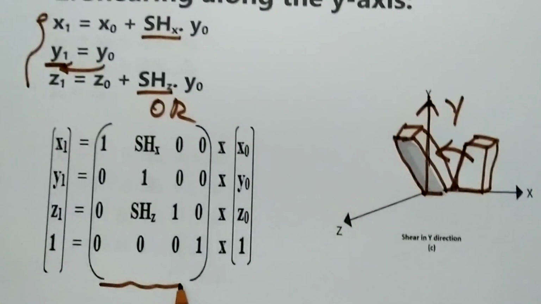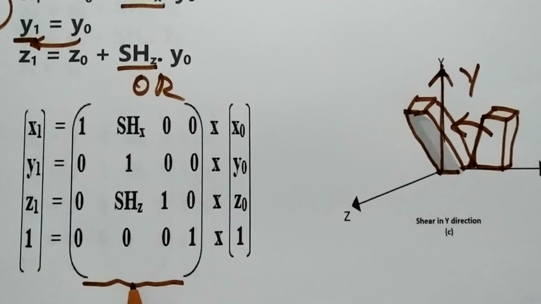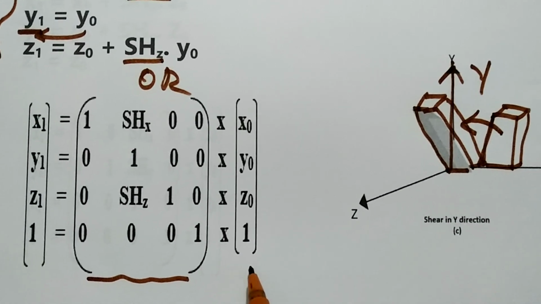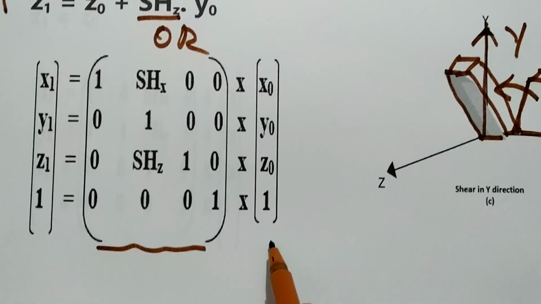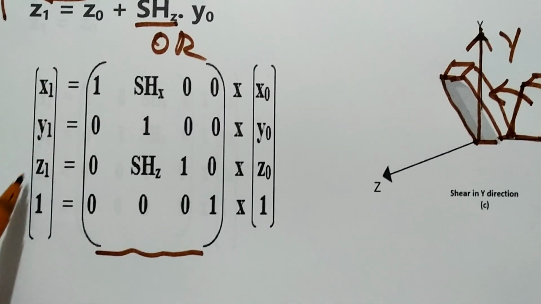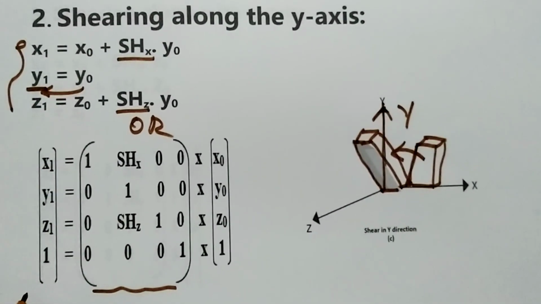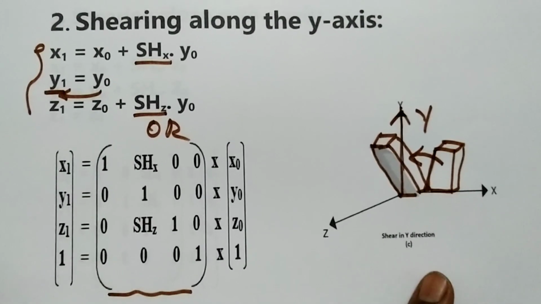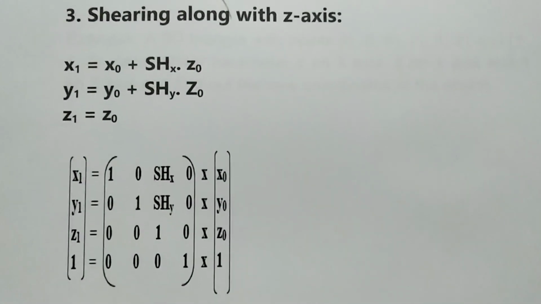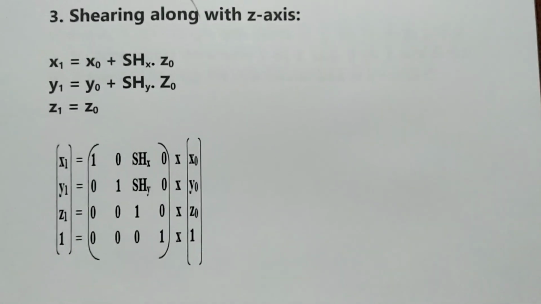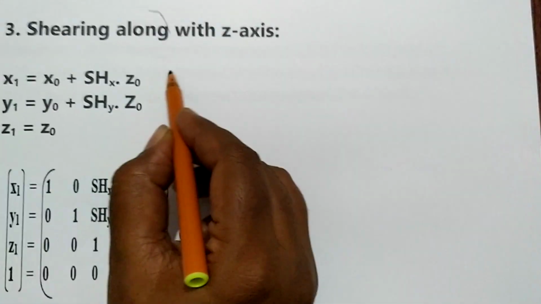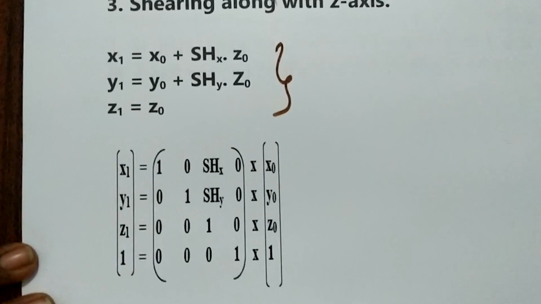Otherwise, you can use this matrix form. This is called what? The shearing matrix. You need to multiply the shearing matrix with the old coordinates of a 3D object. Then we will get the new coordinates of the 3D object. So now we have discussed shearing along the y-axis. Another way of shearing is along the z-axis. If you want to perform it along the z-axis, again we need to use this equation.